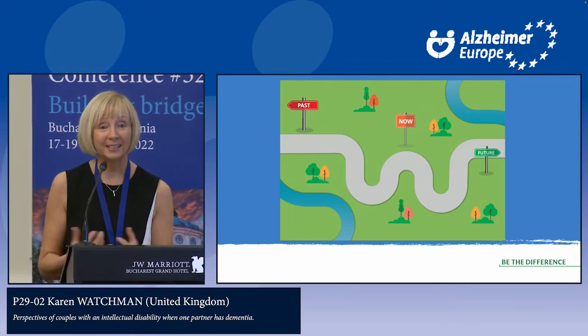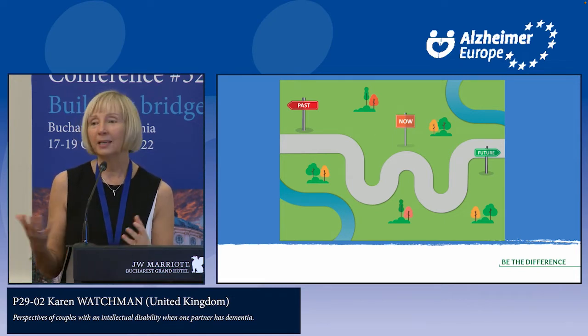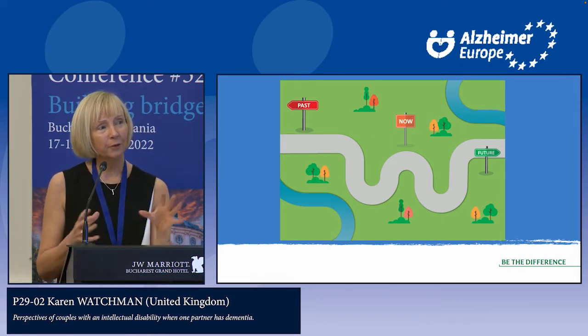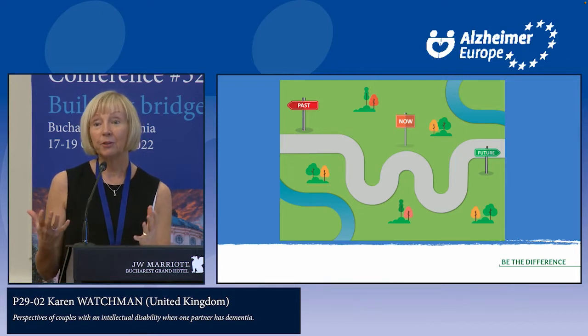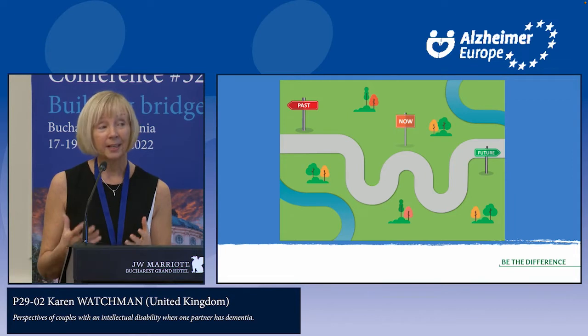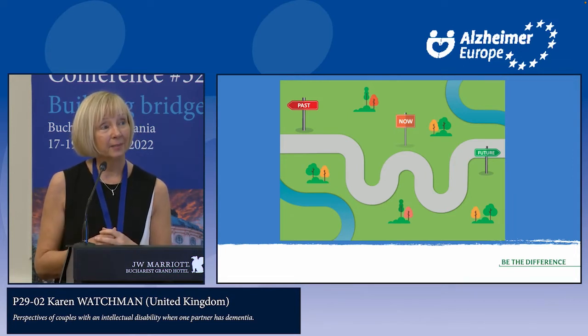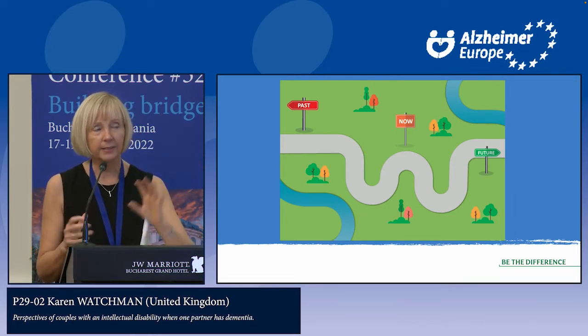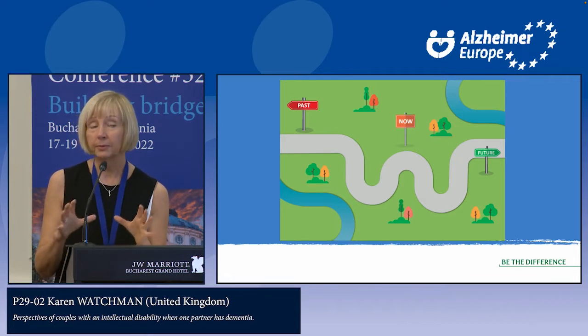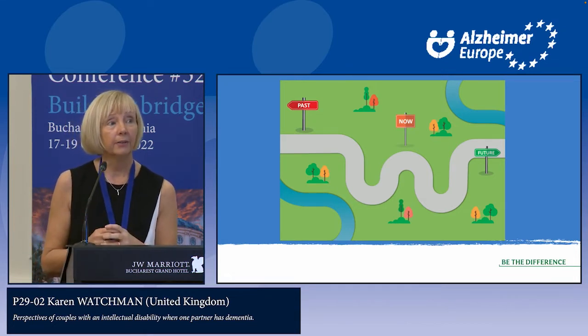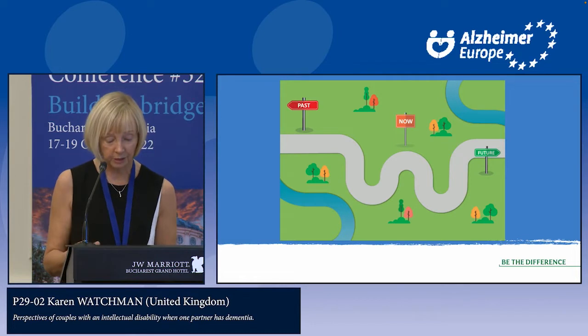We looked at wedding photo albums, celebrating weddings, things a couple like to do. Then through the process, through the diagnosis, through telling people about having dementia. This varied, obviously; it was very individual, so for some couples it was now and the future, for other couples depending on their situation.